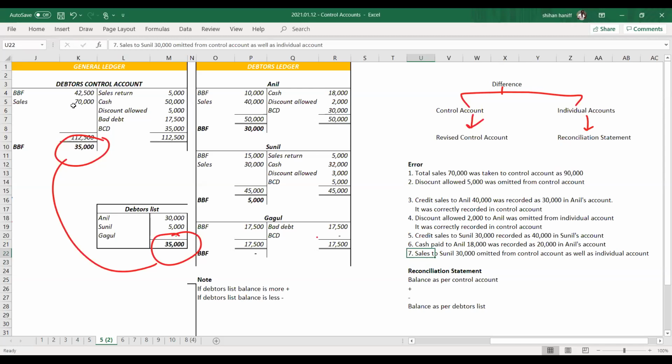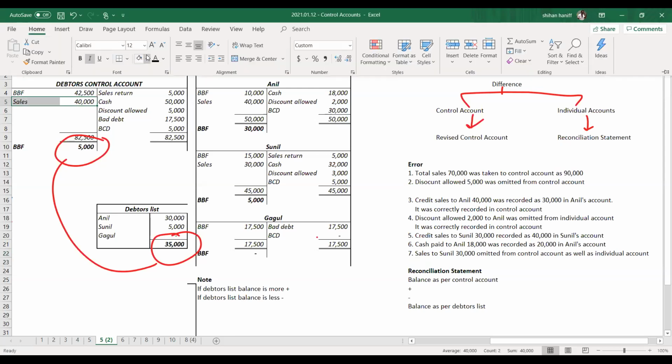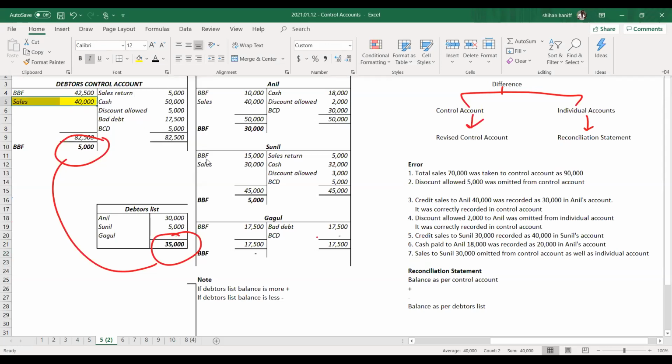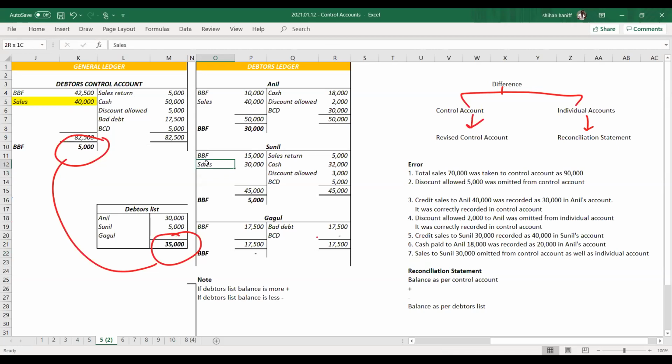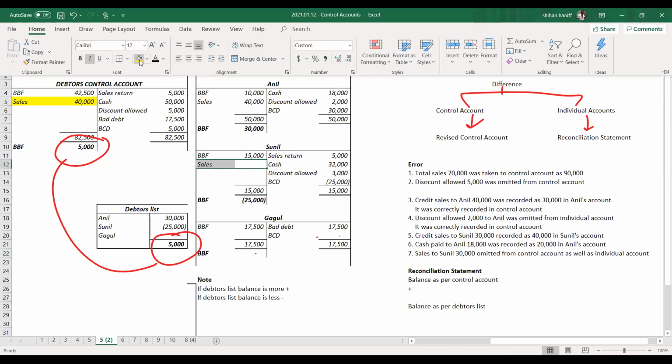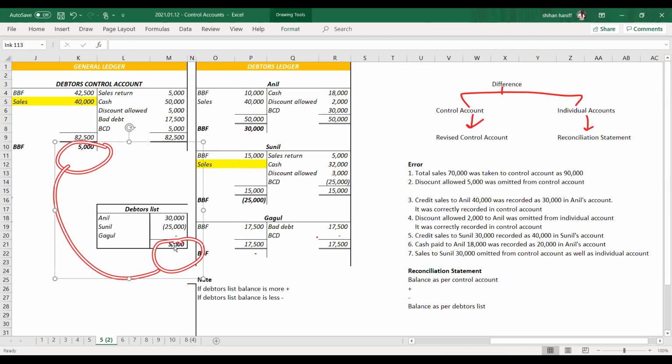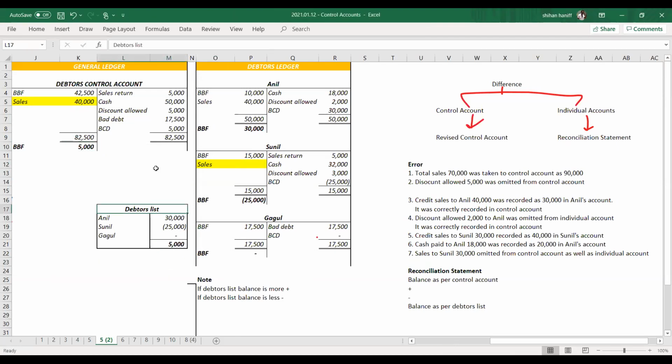Right. Then here also sales will be 40,000, because that 30,000 will not be recorded. So the control account balance is 5,000, the debtors list balance is also 5,000, but there is an error.